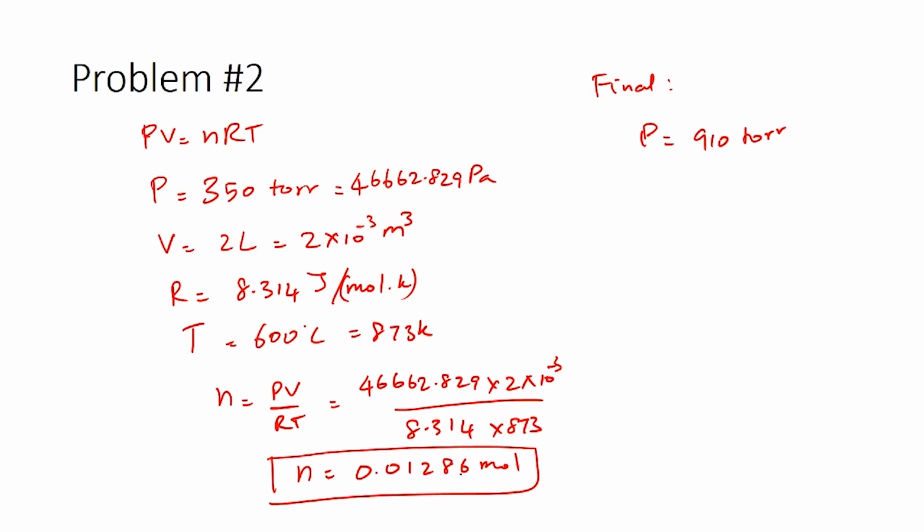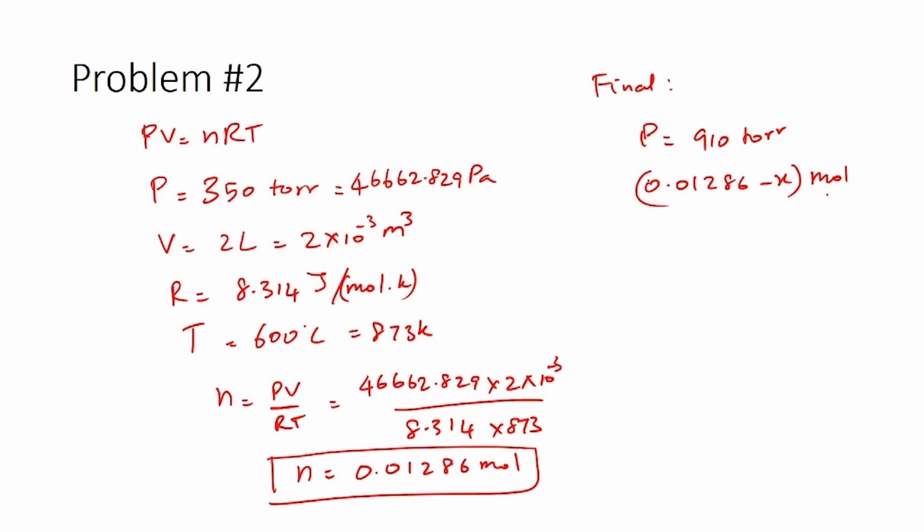If x moles of that was consumed, the final state would contain 0.01286 minus x moles of dimethyl ether. So, this would be the number of moles of dimethyl ether. Looking at the stoichiometry, we know that for every mole of dimethyl ether consumed, we would have 1 mole of methane, hydrogen and carbon monoxide produced.